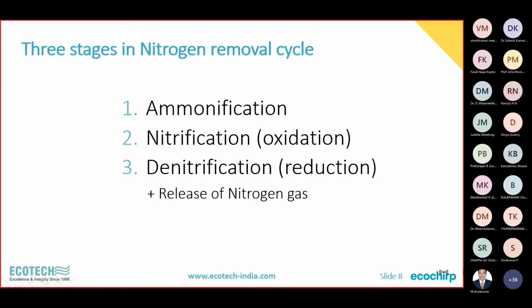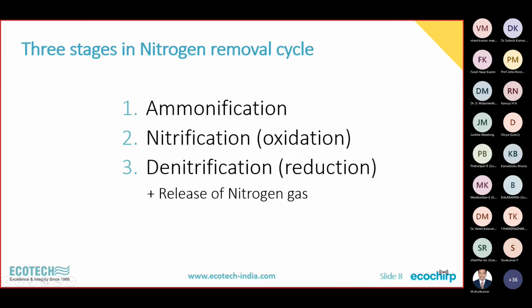And once all the forms of nitrogen in the sewage are in nitrate form, typically a vast majority, 95%, will be in nitrate form, with very little in ammonia form. All of it is in NO3 form, and then comes denitrification. You have to remove this nitrate, separate the nitrogen and the oxygen, and release nitrogen gas.